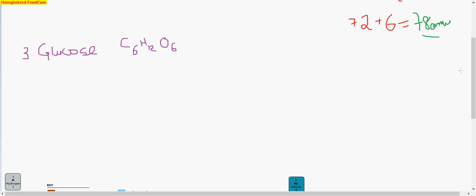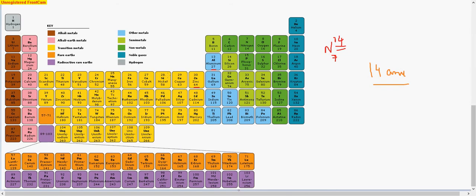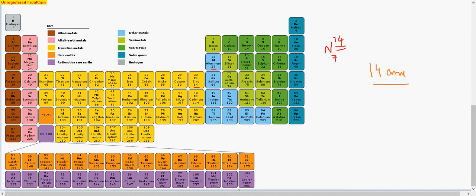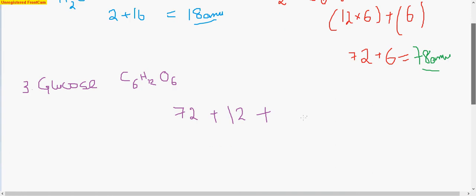Okay, now what is the atomic mass of carbon? I actually forgot it. 12, yes, 12 into 6. We actually did it. 72. 72 plus hydrogen, it's 1, so 12 plus, what is oxygen? I know it, just to make sure. 16. 16 into 6. What is 16 into 6? 16 into 6 is 96, right? 96, yes.